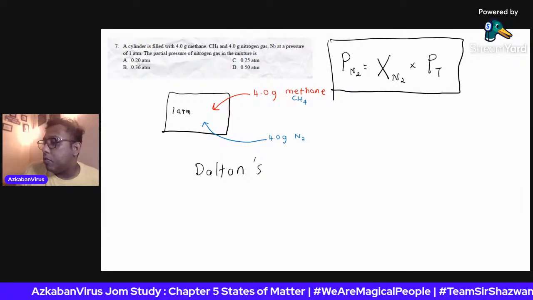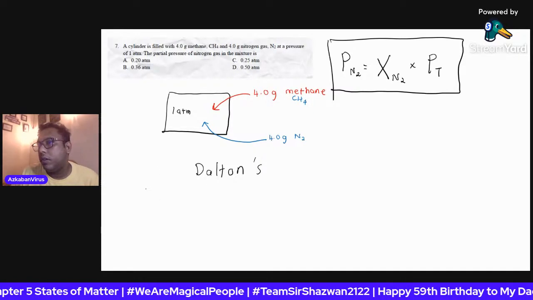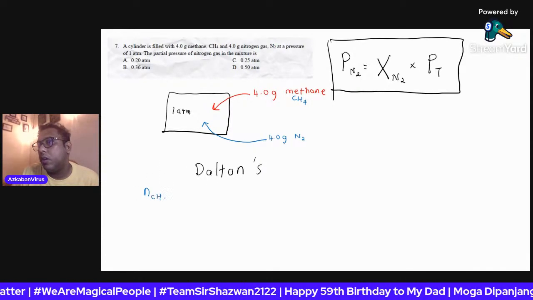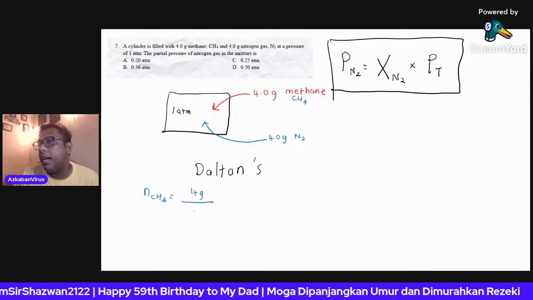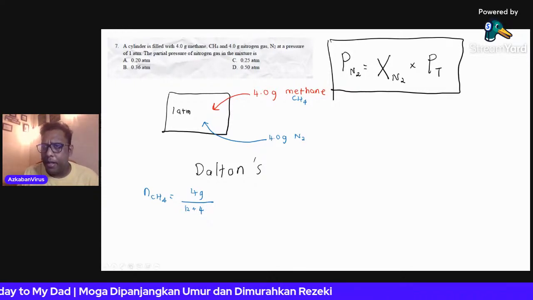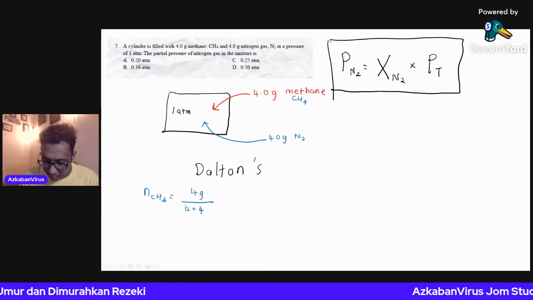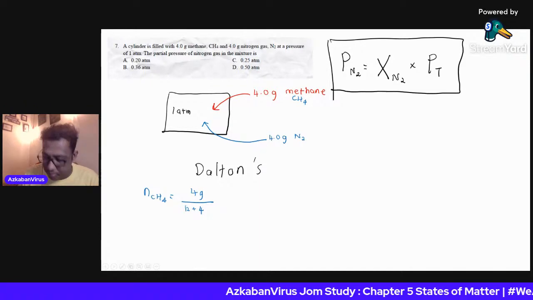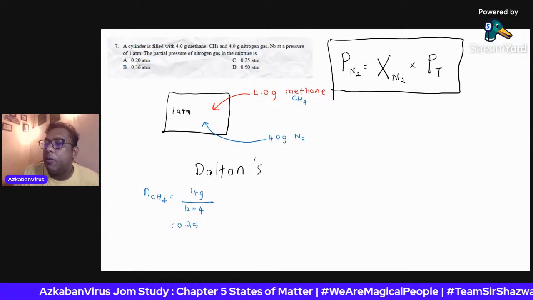So kita kira dulu mole. nCH4 is equal to 4 gram bahagi 12 tambah 4, which is 16. 4 per 16 is 1 per 4, 0.25. I check with calculator. Yes, betul. 0.25 mole.